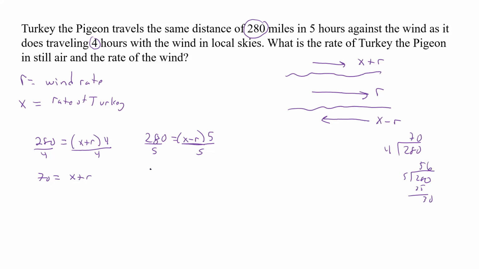So that's going to be 56 equals x minus r. Now what we can do is just put them on top of each other, and we just add them together because the r's cancel. And so we get 126, and that equals 2x. So divide by 2, x equals 63, and that's going to be miles per hour for Turkey.